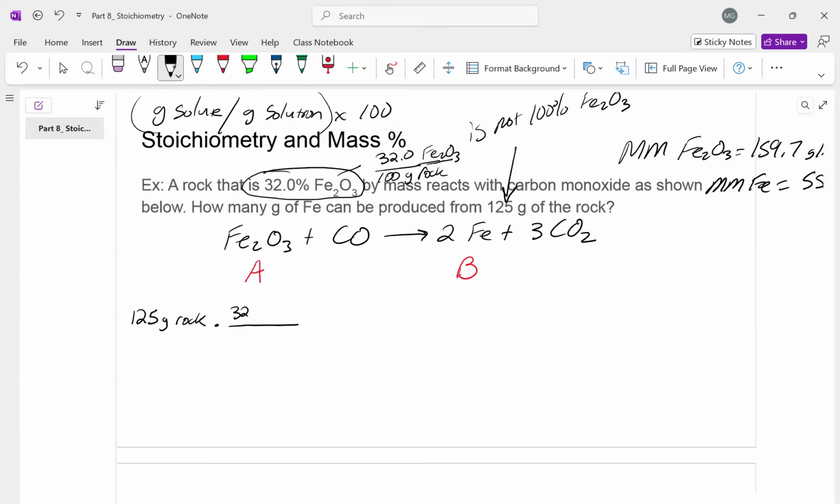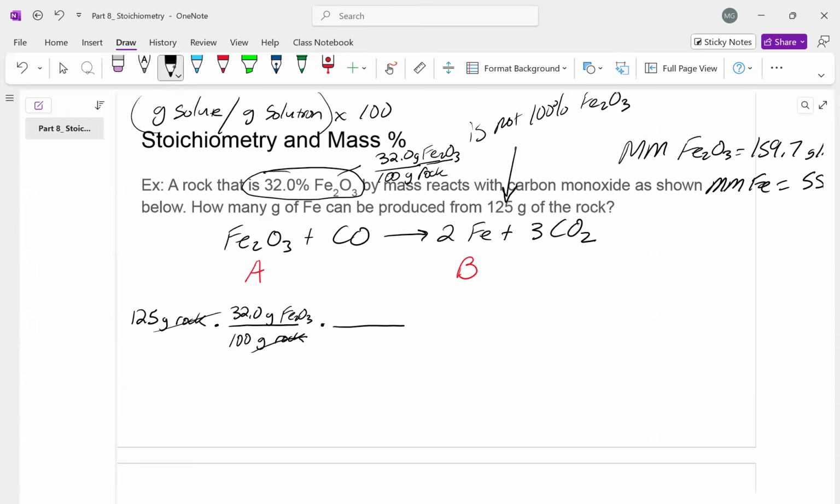Well, we just said that 32 grams of iron oxide are in 100 grams of the rock. So those cancel out. Now I'm in grams of A, iron oxide.